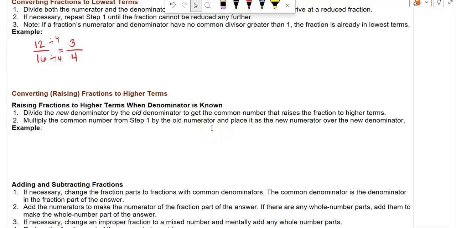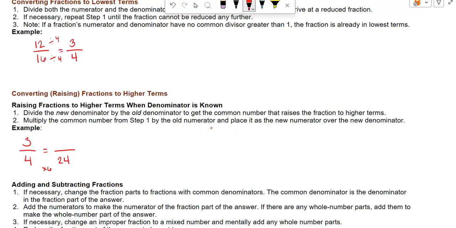In other examples, you might need to raise fractions to higher terms. And so let's say that we have 3/4 and we want to convert this to a fraction where 24 is my denominator. So I just have to figure out what times 4 equals 24, and that happens to be 6.